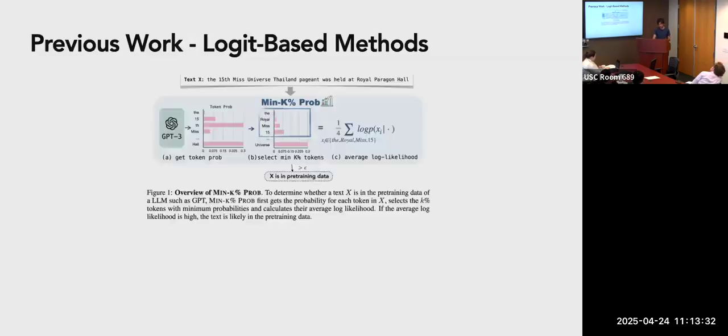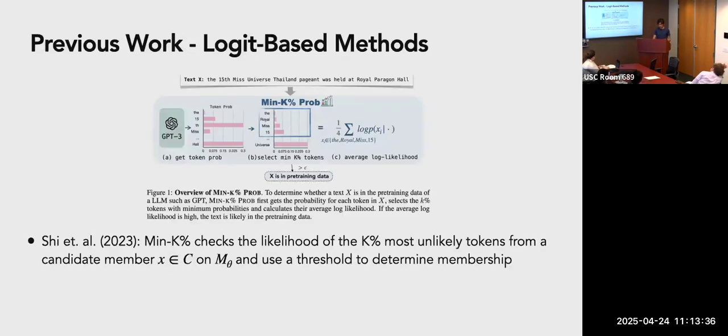Okay. And then there's also this previous work, which is based on some part of the output distribution with respect to a specific text. So this is based on the logits rather than the actual loss. This is called min k percentage. So how does this work in general?